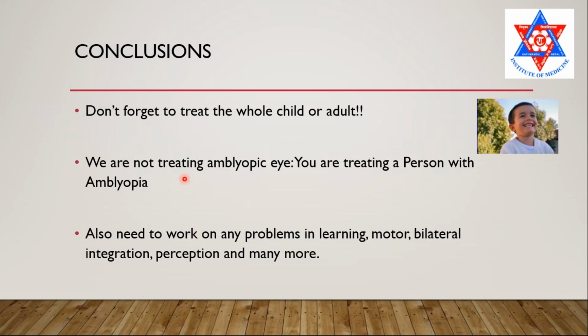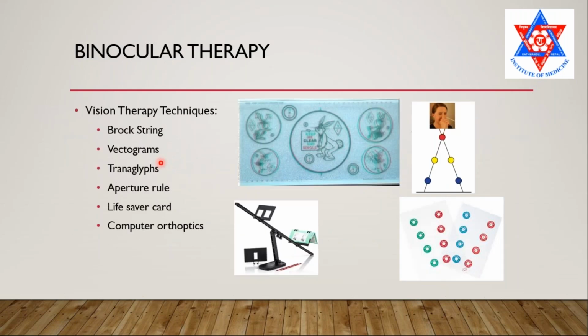To conclude, these are the three steps: the first one is the monocular steps, the next one is MFDF, and the third one is the binocular therapy procedures. If there are other issues, like issues with spatial orientation, we need to go with other perceptual therapies.